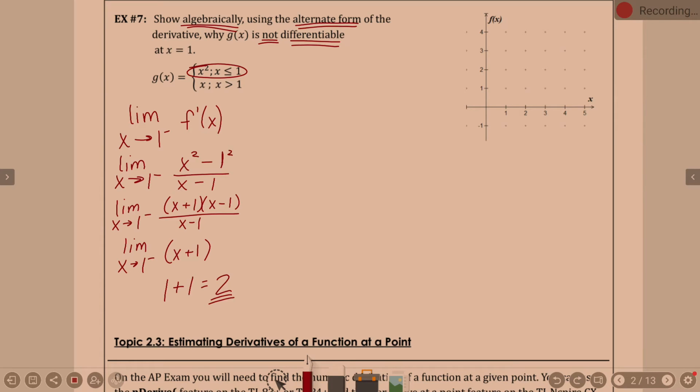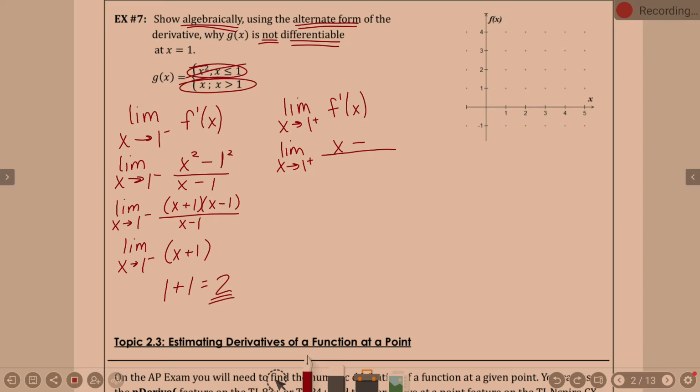Now let's check the right. Limit as x approaches 1 from the right of the derivative. This time, we're using the bottom one, yes? Since x approaches 1 from the right, we're using x as our function, minus f of 1.